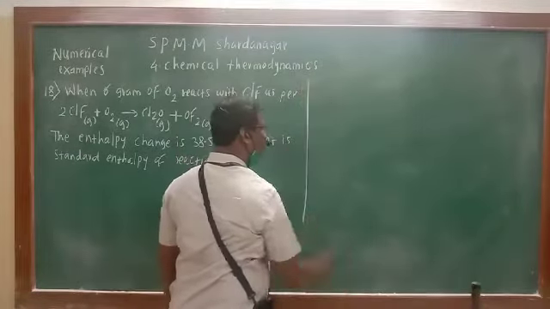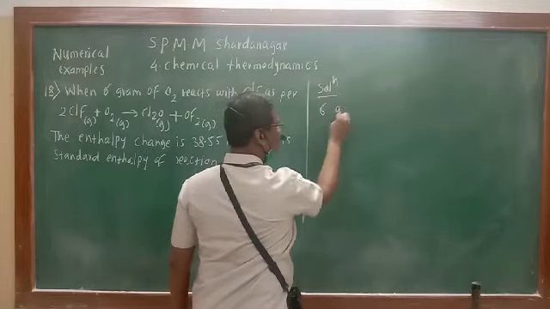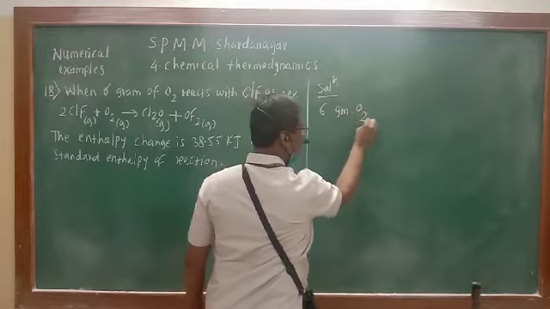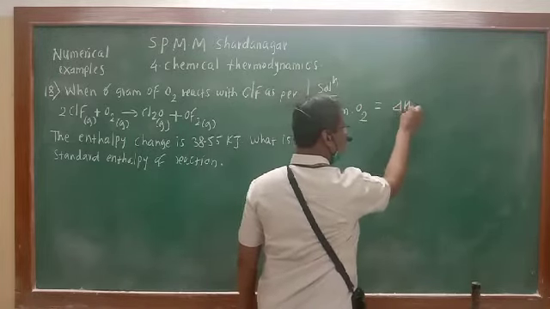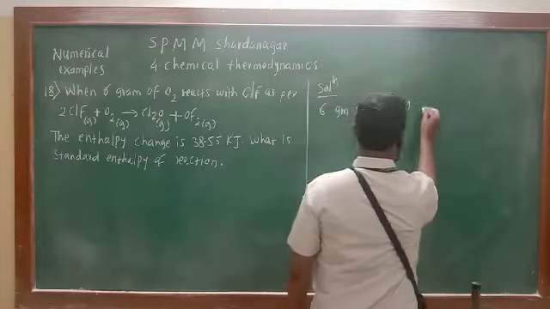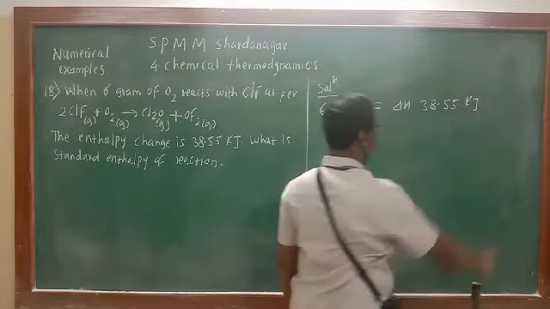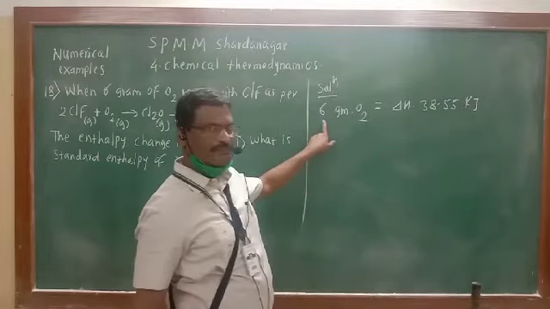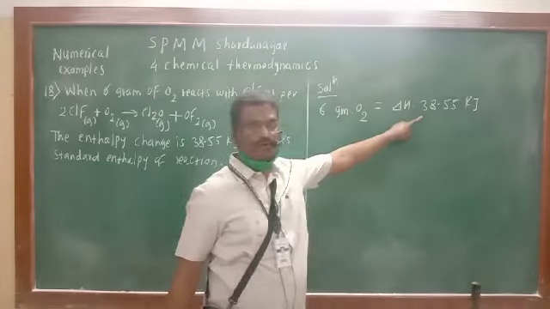Whenever 6 gram of oxygen is involved, enthalpy change of reaction delta H is 38.55 kilojoule.